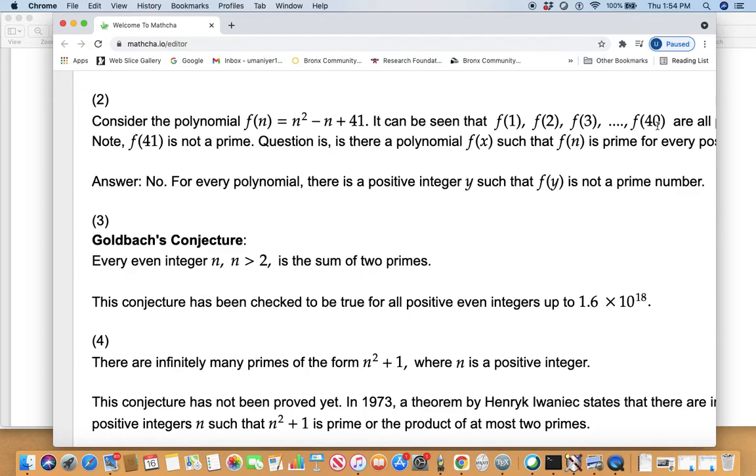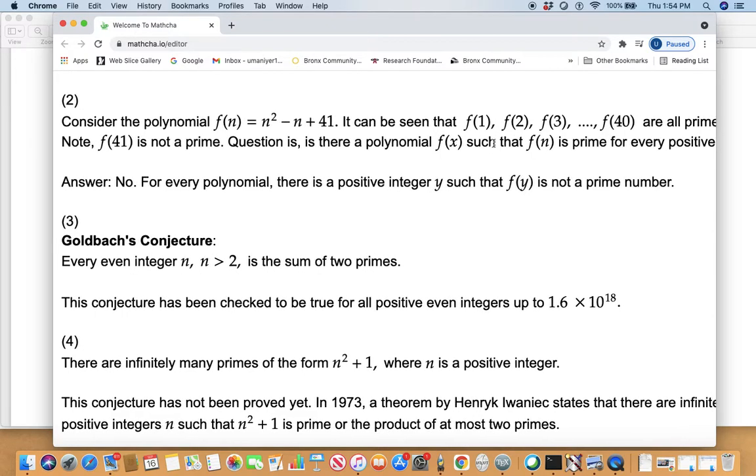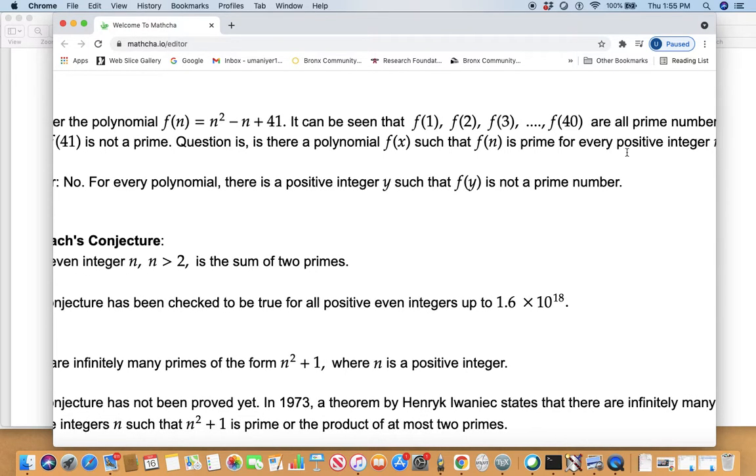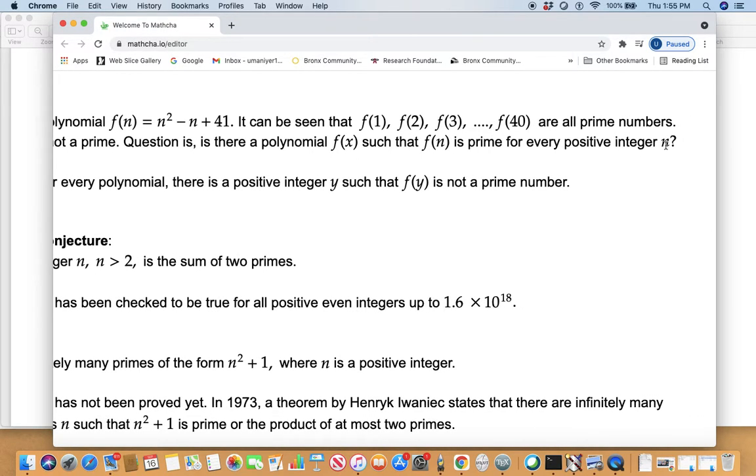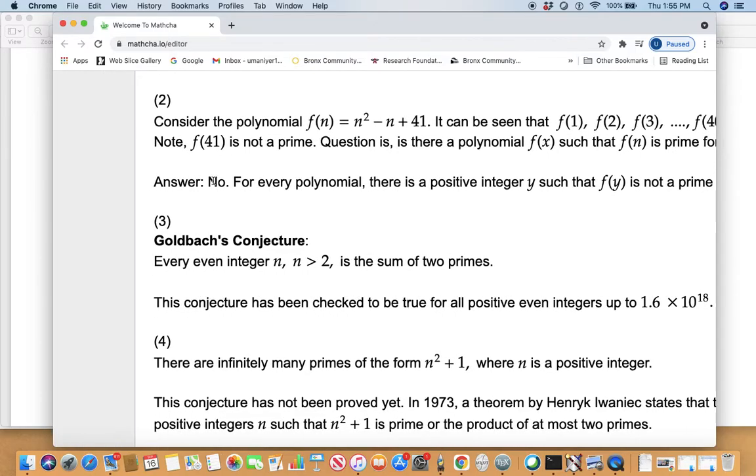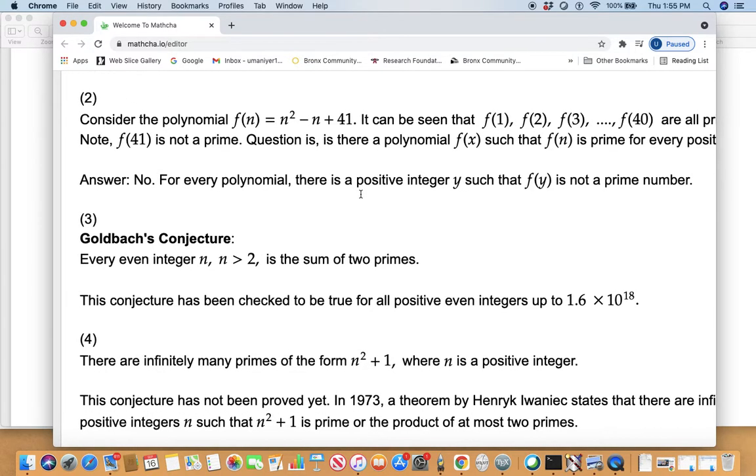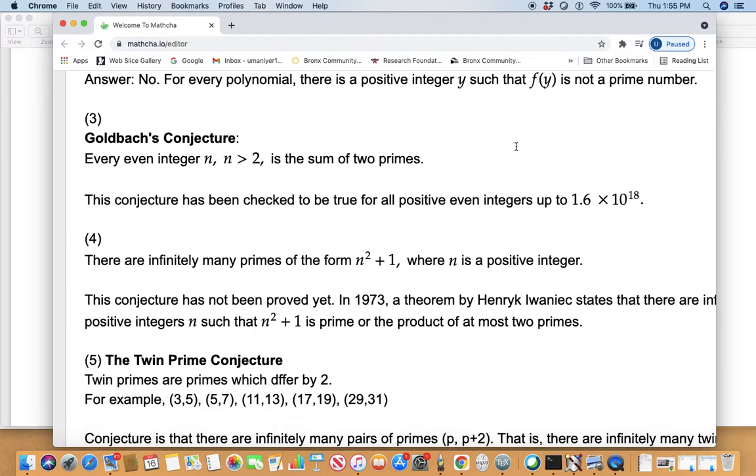Even when you evaluate at 40, you get a prime number. But the moment you hit 41, you don't get a prime number. The question is, is there a polynomial such that f(n) is prime for every positive integer n? Well, the answer is no. For every polynomial, you will find a positive integer y such that f(y) is not a prime number. That's an interesting question too.